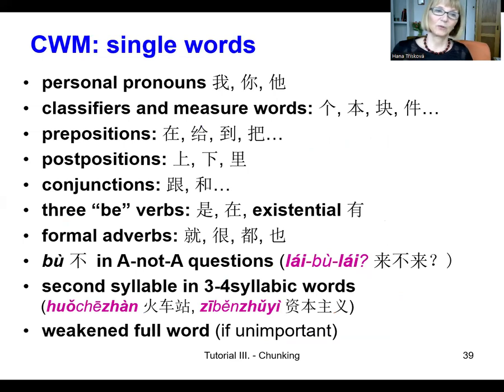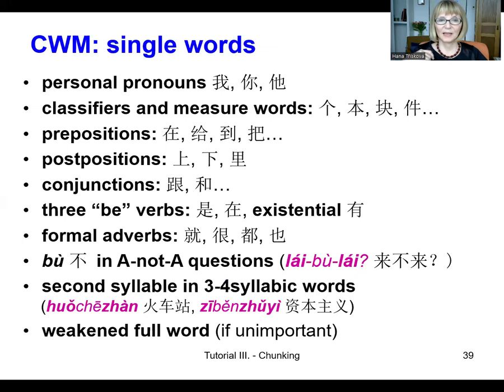Here are examples of single words which belong to the commonly weakened morphemes category. So these are single words, not morphemes. They are morphemes, but they can stand as single words. Personal pronouns 我,你,他. Then classifiers and measure words such as 个, 本, 快, 见.